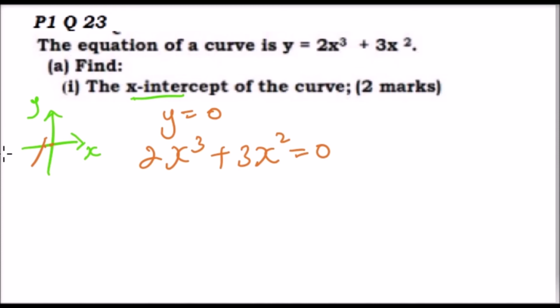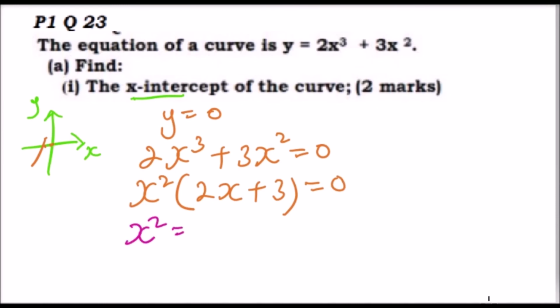This is a cubic function, so we can factor out x squared, and we'll be left with 2x plus 3 equals 0. This means that x squared equals 0, or 2x plus 3 equals 0.